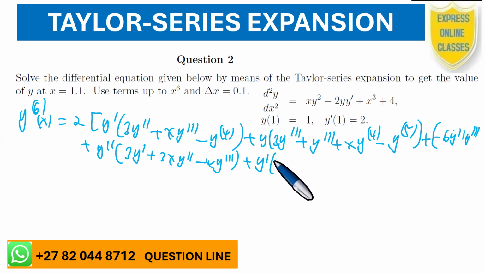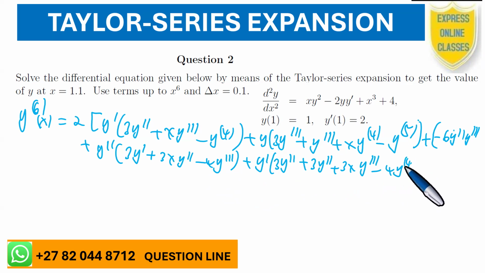I know this is long, but it's term by term differentiation from the fifth step. 3y double primed, 3x, 3 derivatives, 4y to the fourth, and then you close like this.